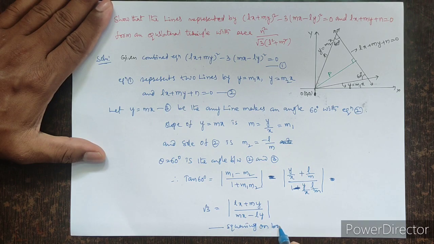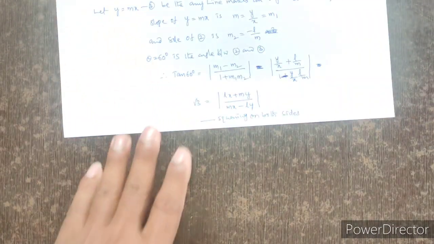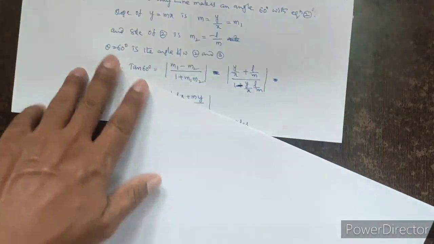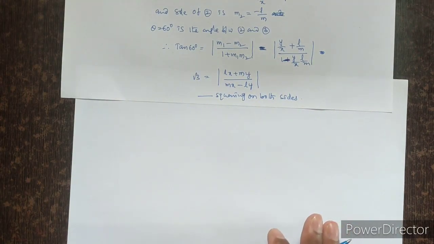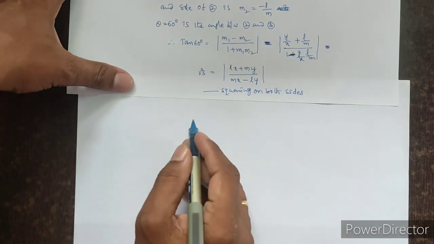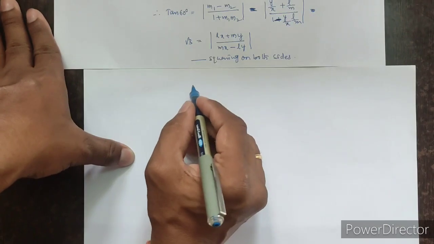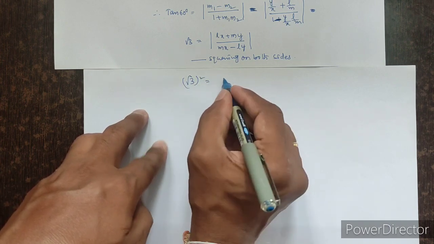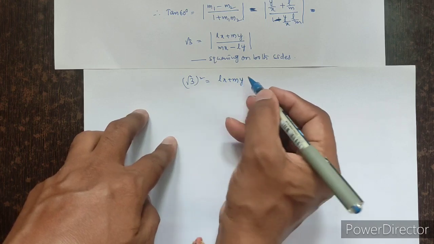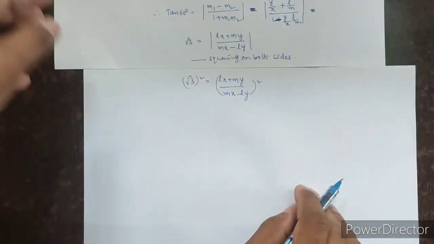Squaring on both sides, root 3 whole square equal to Lx plus my by mx minus Ly whole square.